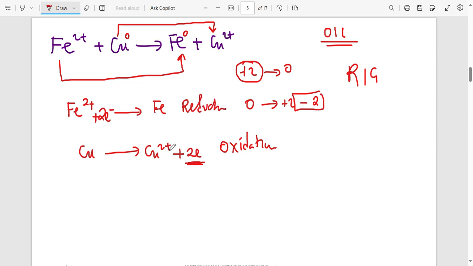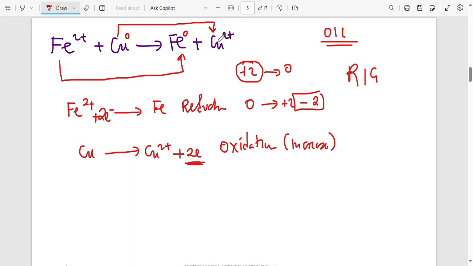Another way we can explain oxidation and reduction is that oxidation is an increase in oxidation number. Reduction is a reduction in oxidation number. So you can see for iron 2 plus going into iron, the oxidation number is changing from positive 2 to 0. So we are reducing oxidation number, so that is reduction. For copper, it's moving from 0 to copper 2 plus.